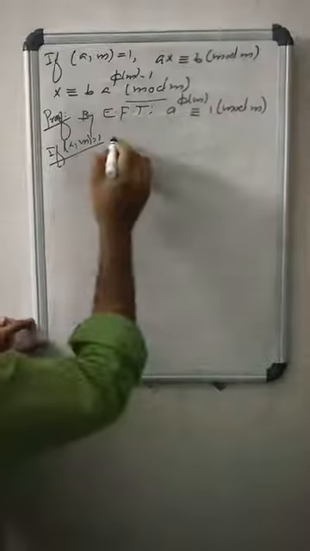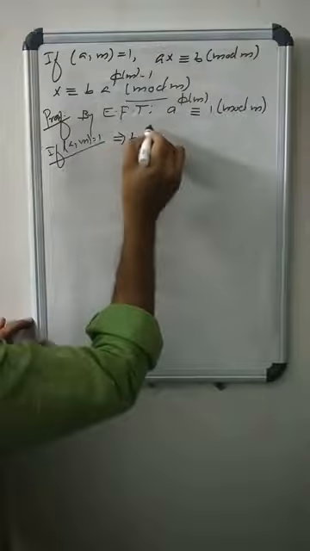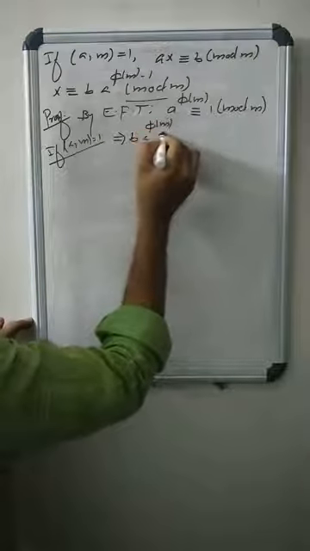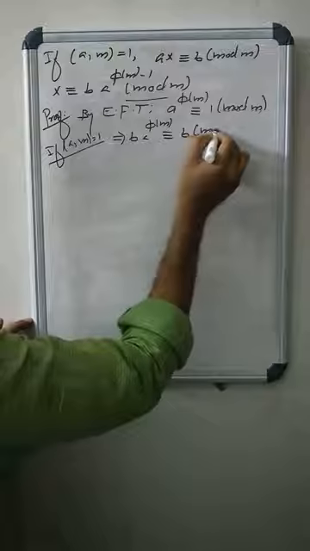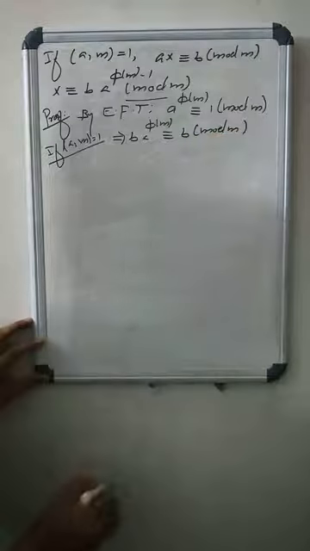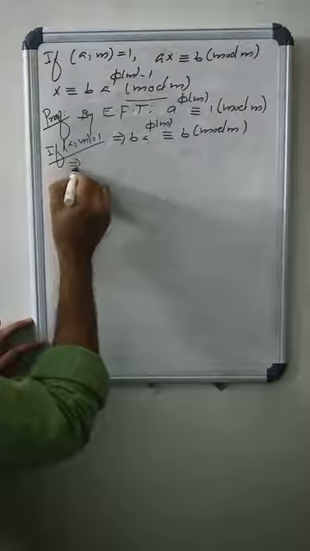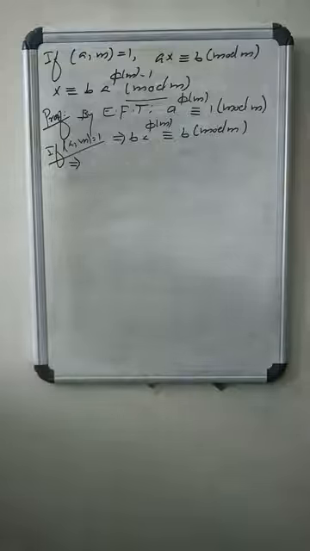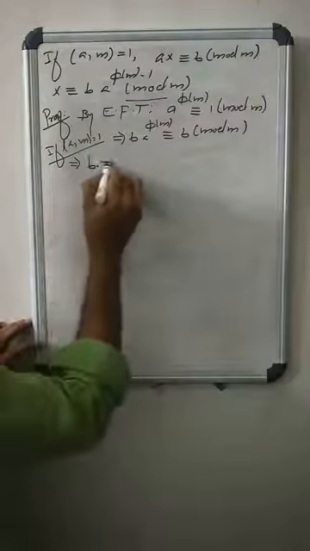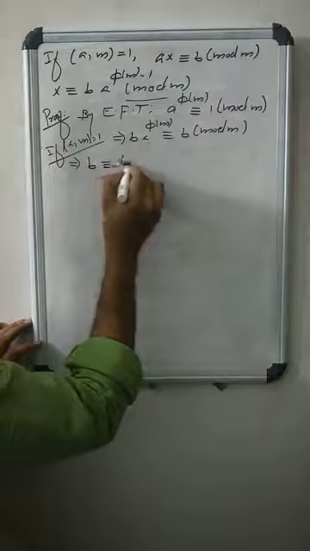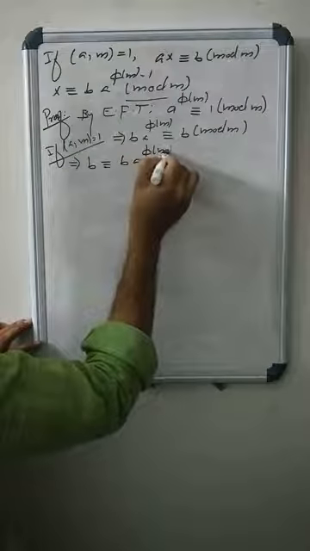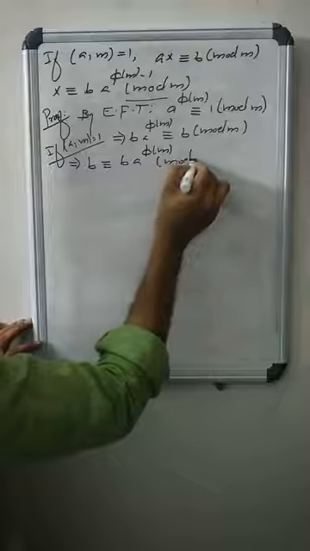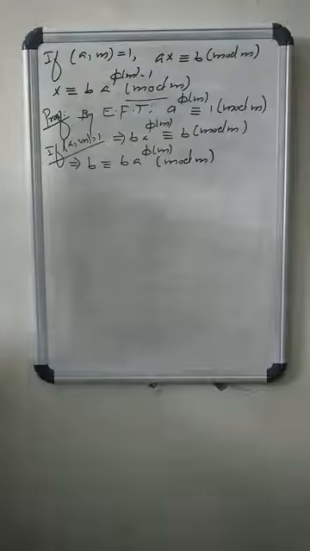So that means b times a^phi(m) is congruent to b mod m. We can rewrite this as b congruent to b times a^phi(m) mod m. Why? Because of the symmetry of the congruence.